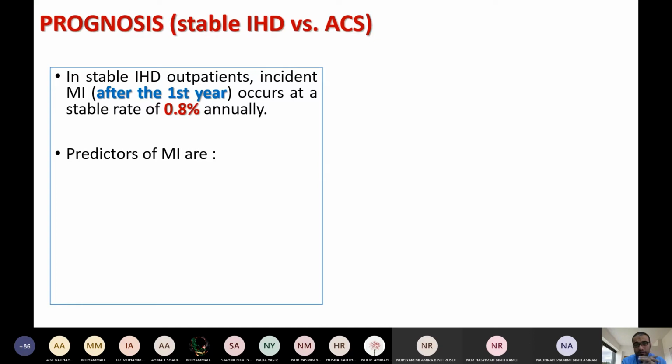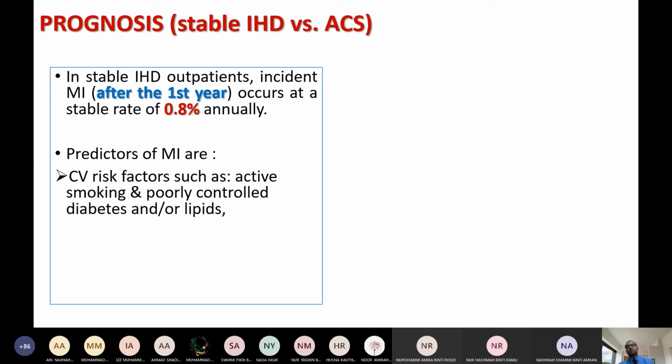In stable ischemic heart disease outpatients, usually the incidence of MI, the myocardial infarction, or cardiac attack, after the first year will be almost 0.8% annually, and most of the time it is predicted or provoked by cardiovascular risk factors, meaning poorly controlled diabetes, poorly controlled lipid profile, and active smoking.